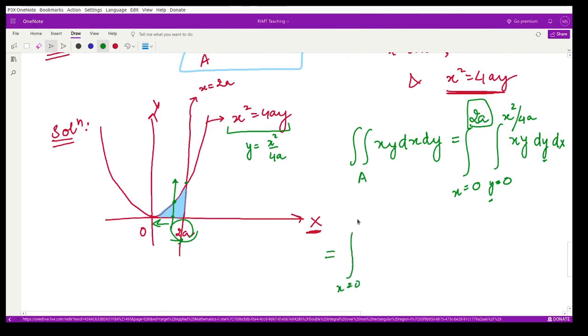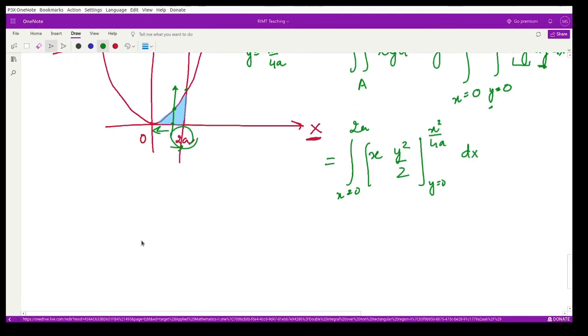So you have x from 0 to 2a. Now when you integrate xy with respect to y, x would be constant and the integration of y would be y square by 2, and then you can very easily substitute the limits, y varying from 0 to x square by 4a, into dx. So what would this be? It would be the integration, x varying from 0 to 2a, of x by 2, and in place of y we write x square by 4a.